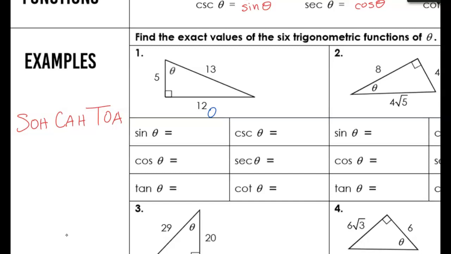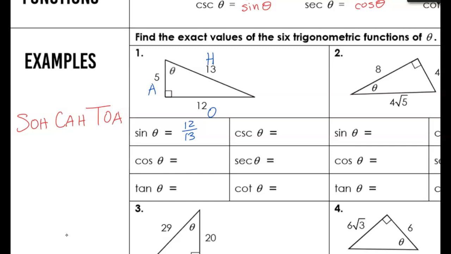The adjacent is the one right next to theta, not the hypotenuse. Where's the hypotenuse? Oh, you guys jumped the gun. Having these things labeled makes my life much easier, because now if I'm looking for sine, according to SOHCAHTOA, sine goes with SOH, so it's O over H, meaning I just need to write 12 over 13.